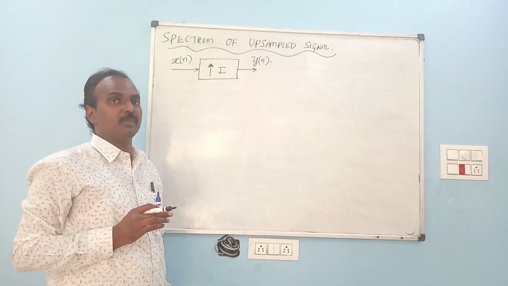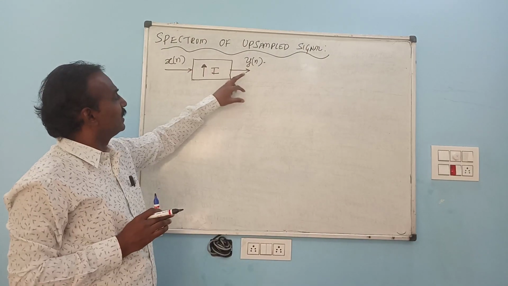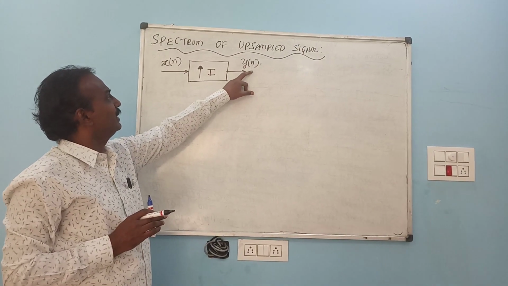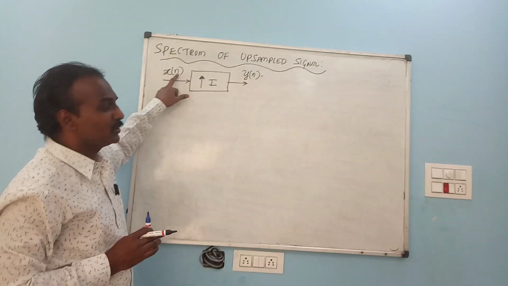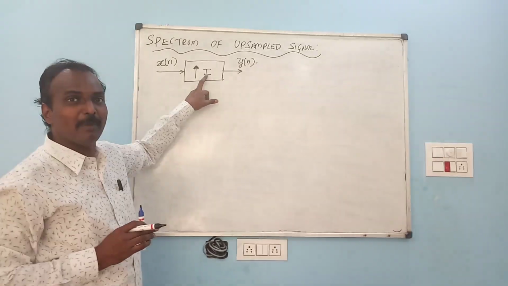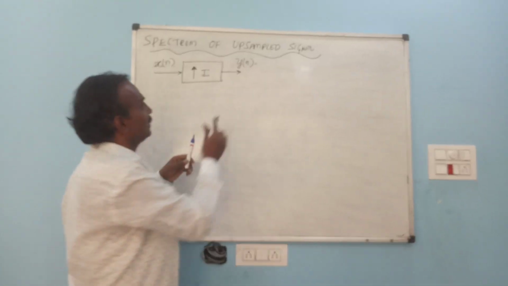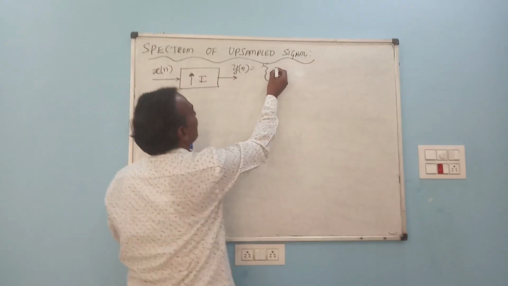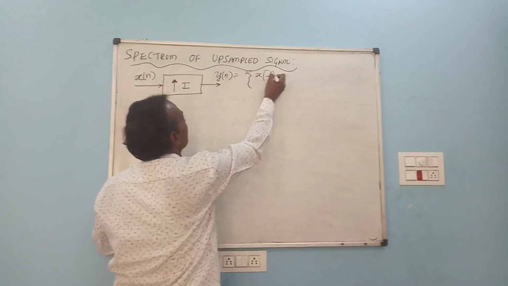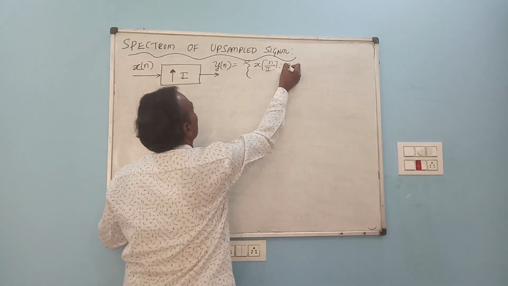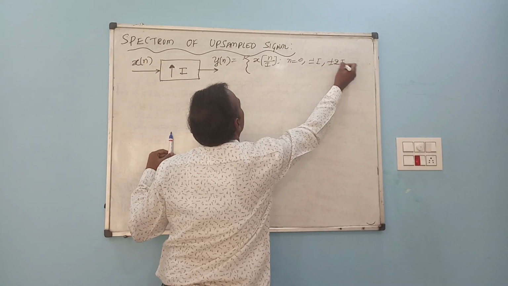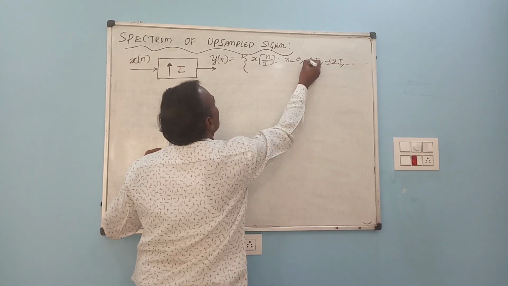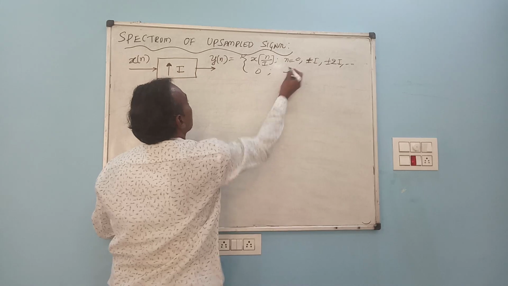Now earlier we have seen what is upsampling. n is the time domain, and x of n is the input discrete time signal. Now I am upsampling by factor I. So the y of n relation we wrote as simply x of n by I, where n is 0, plus or minus I, plus or minus 2I, and so on, and this is 0 otherwise.